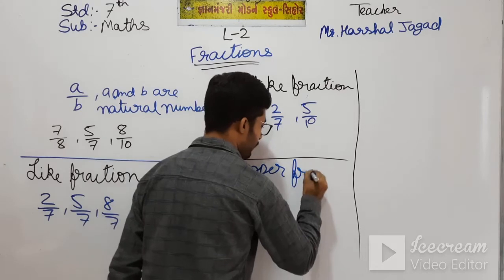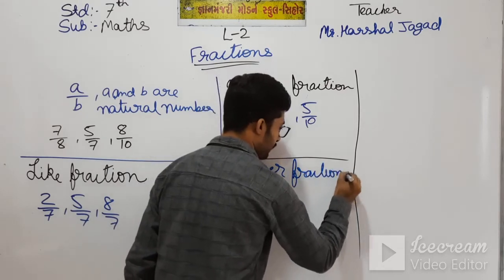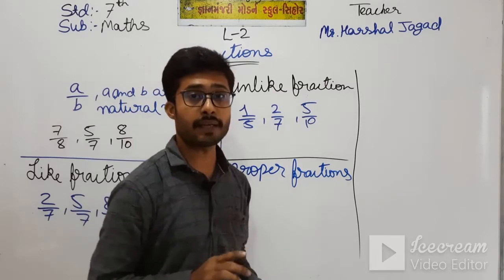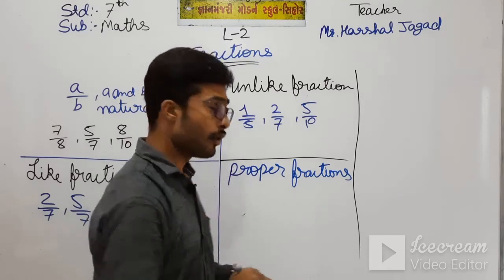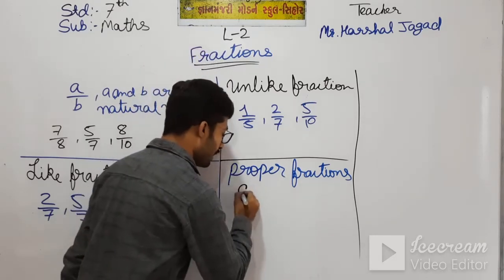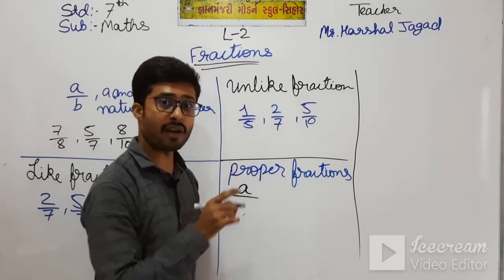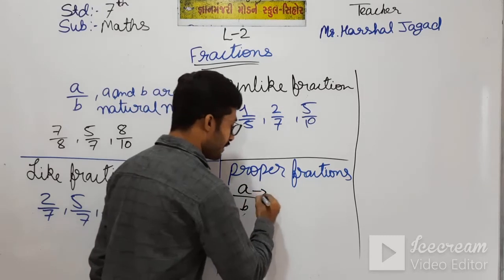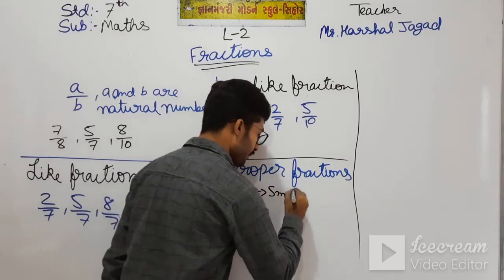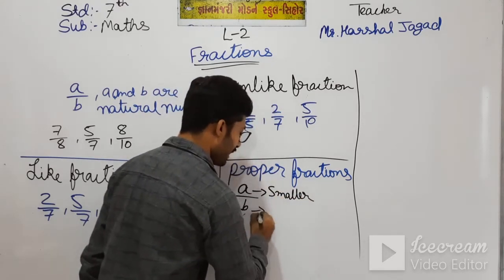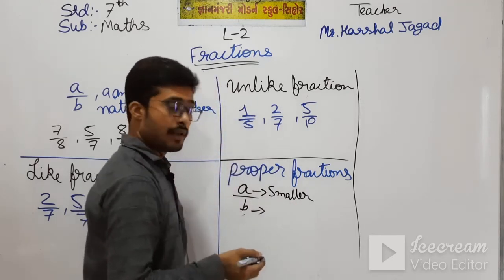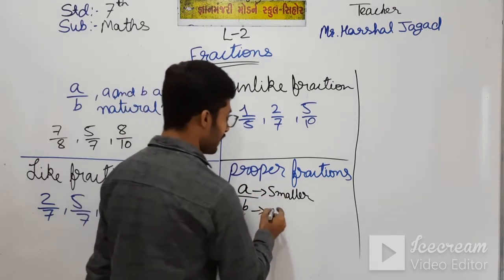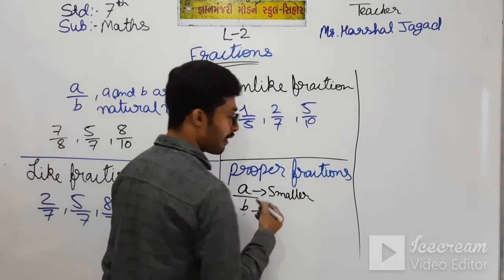Proper fraction means the numerator is smaller than the denominator, meaning here the value of A is smaller than B. A value is smaller and B is bigger or larger.